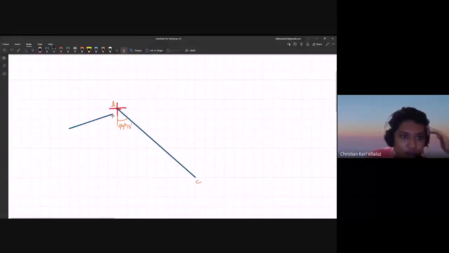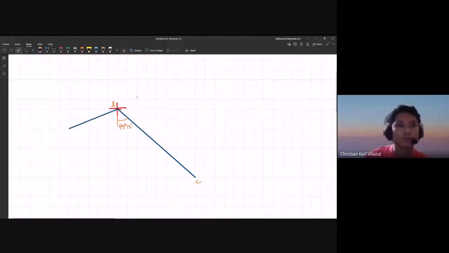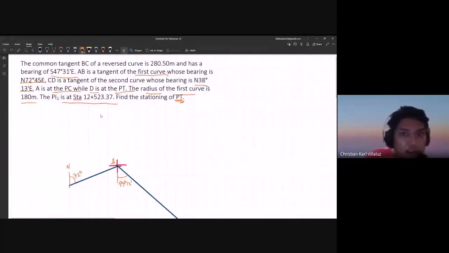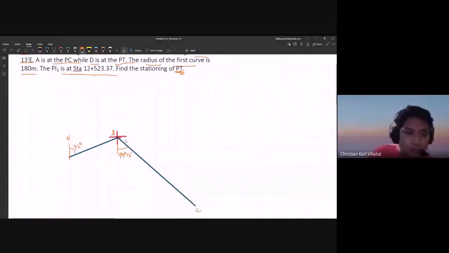Ito yung 72, galing north, 72 degrees and 45 minutes. So, wala to yung class dun sa module nyo, so idadagdag ko na lang to.